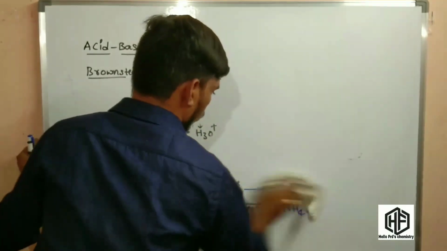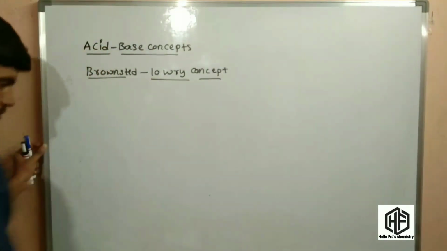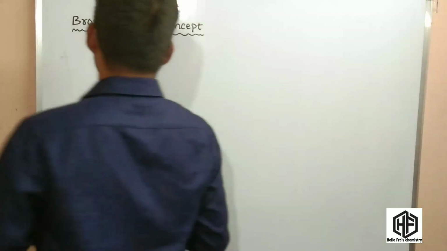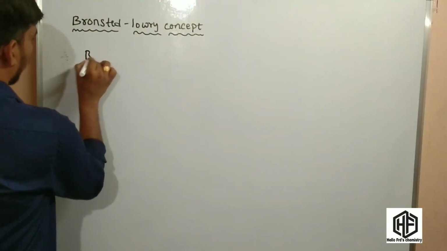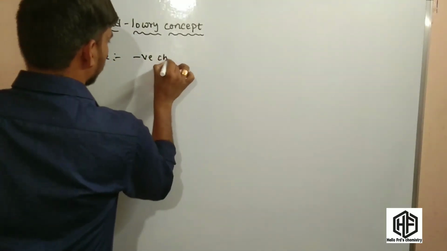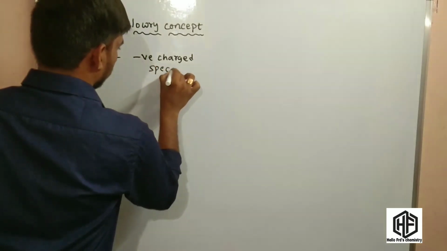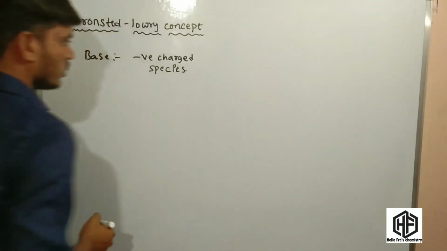The next point is the Bronsted base. Friends, what are Bronsted bases? Examples are negative charged species. Negative charged species are Bronsted bases.